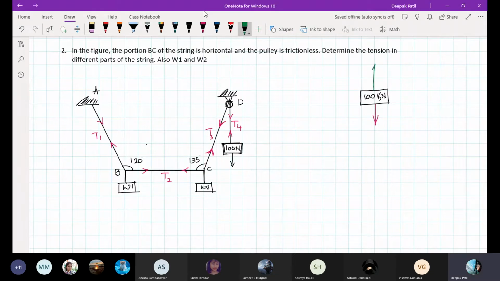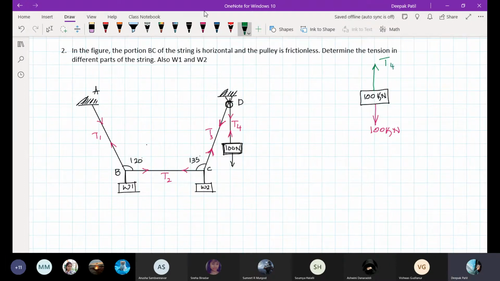Now there will be tension in the string, which means I should put it as upwards. So this is also 100 kilonewton, meaning whatever load is there, the same 100 kilonewton will be acting downwards, and this will be a tension in the string. Now, can anybody tell me what will be the value of this tension? Let me call it T4.